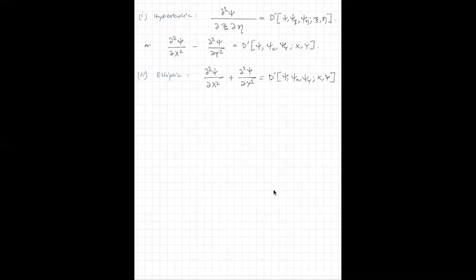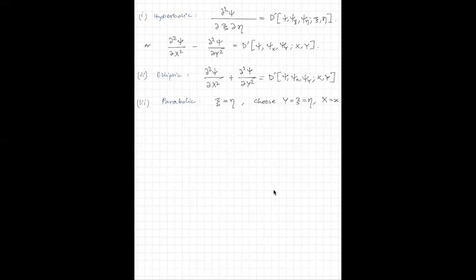And finally, a parabolic equation. Here, xi is equal to eta, so you can choose y equal to zeta, which is eta, and x equal to x.